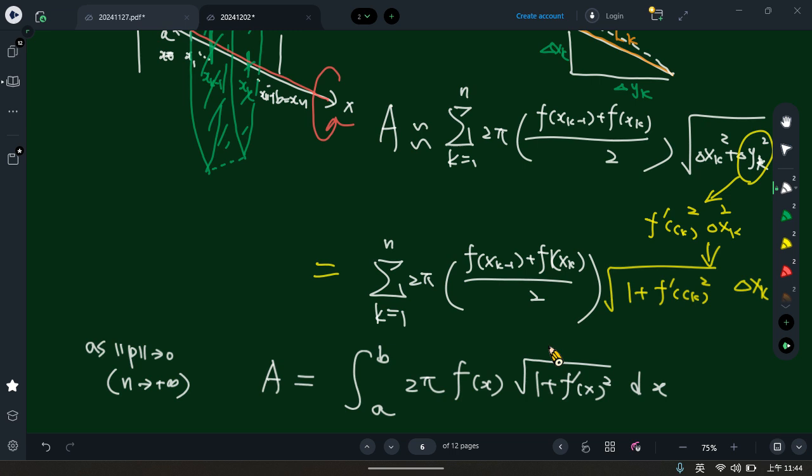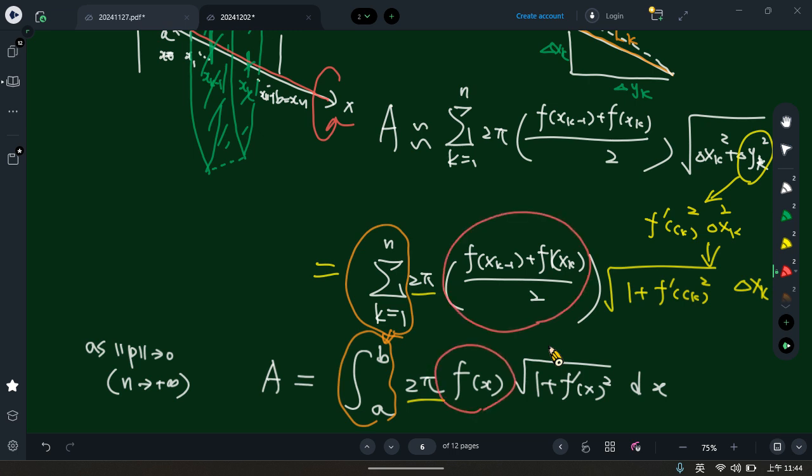So please also just have a mapping. The summation here will be mapped to the integral, right? 2 pi is still here, a constant, right? For this part, it becomes 1 f of x, because if the norm of P is equal to 0, that means each point could be a very small subinterval.